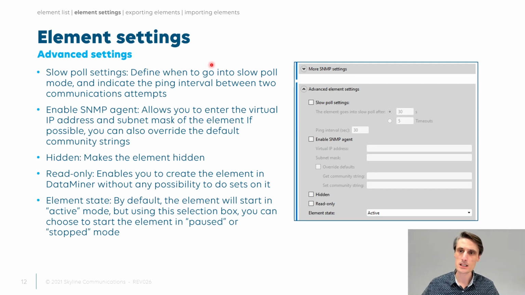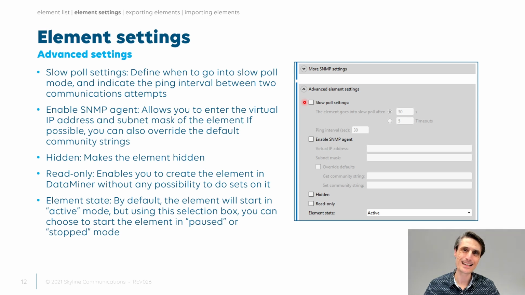Now, more advanced settings. Below there, you will have some more advanced element settings, just a couple of less frequently used settings, you could say. The first one is the slow pulse settings. I would say you only need to activate that in very specific cases. What does it do?